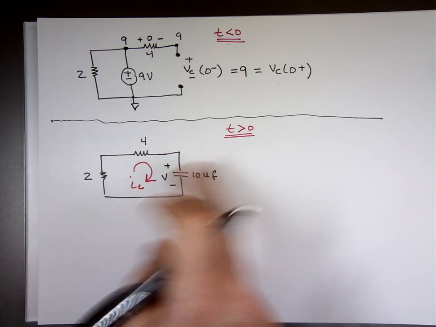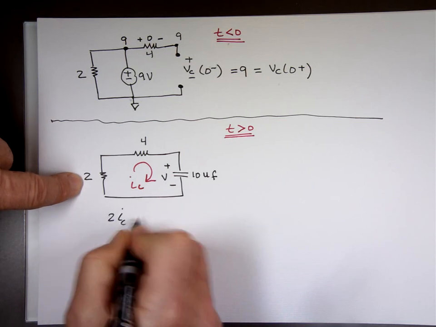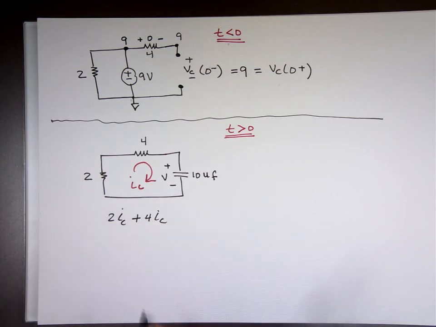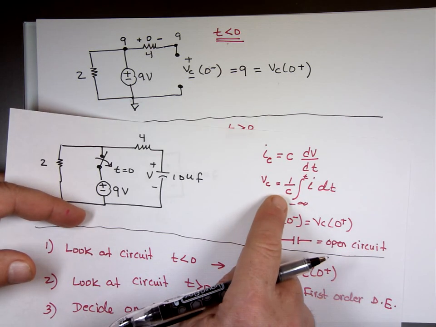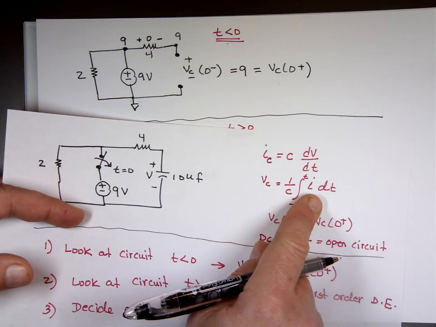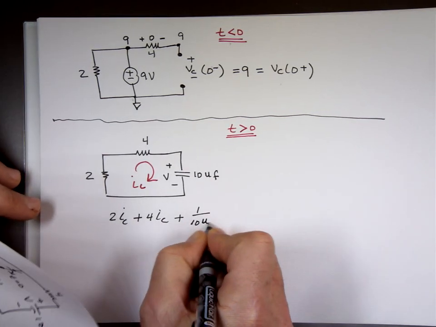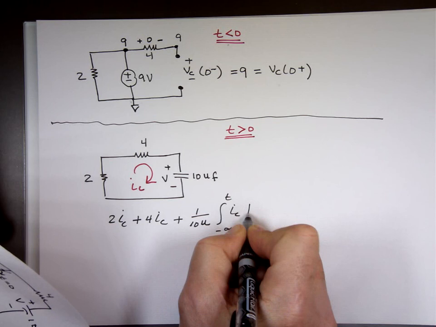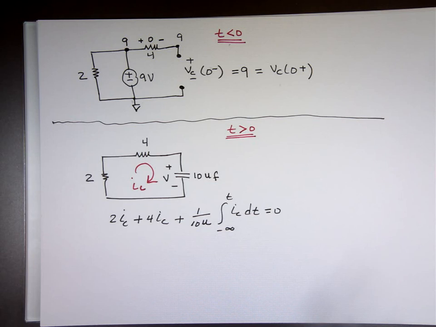KVL through this one we have what? 2I, or I sub C, plus 4I sub C. And wait, what is the voltage across the capacitor? 1 over C, the integral of I dt. Not what I was hoping to get. Where's my handout? I don't have any equation that has an integral in it.